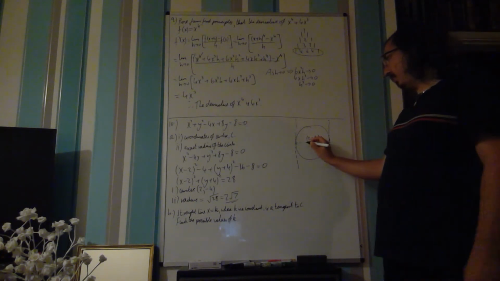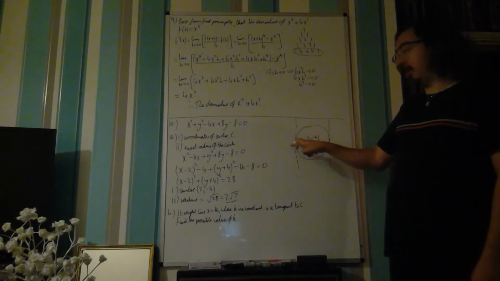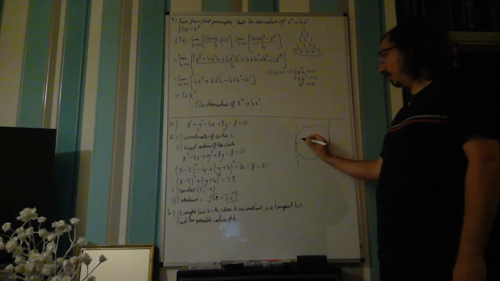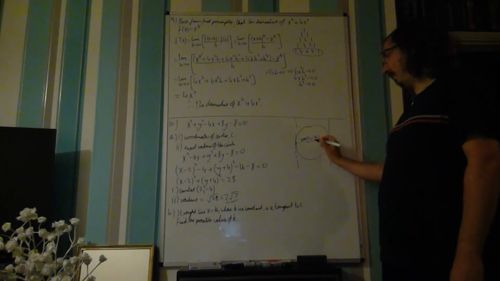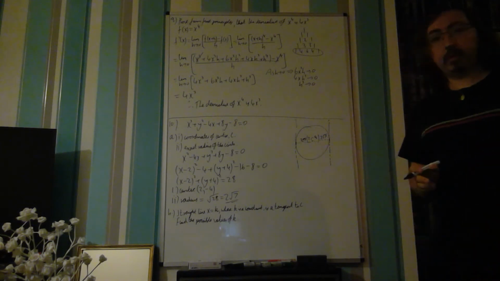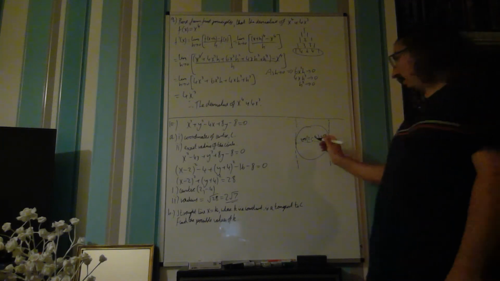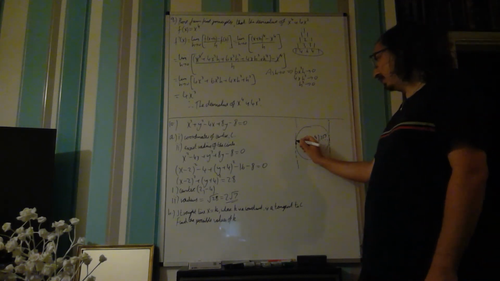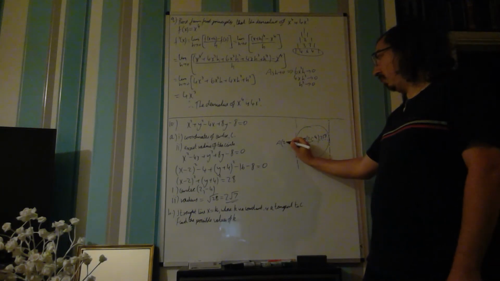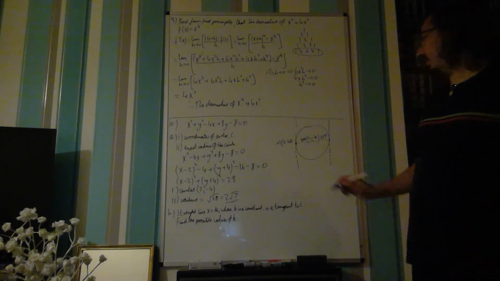But we already know something from our centre, that the distance between this to the circumference of the circle must be a radius away, so it must be a 2 root 7. That way, and likewise a 2 root 7. Well, because it's in relation to the x coordinate, if we're looking at our coordinate for, let's call that point A there, it must be 2 minus 2 root 7.